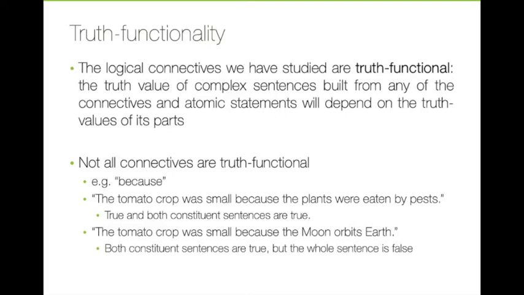Contrast the sentence we just looked at with the tomato crop was small because the moon orbits Earth. Both constituent sentences are true, but the sentence as a whole is false because the second part doesn't explain the first. Because the truth value can vary, even though the truth values of the constituents are the same, this is not a truth-functional connective.